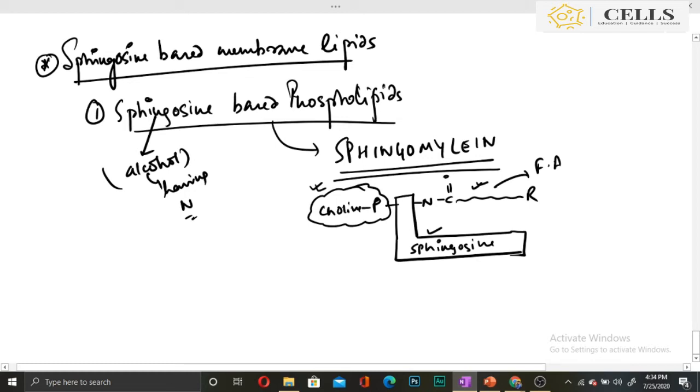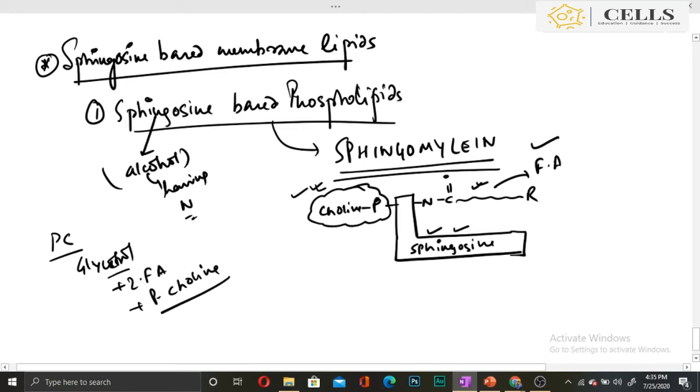What was present in phosphatidylcholine? There was a glycerol plus two fatty acids and a phosphocholine group. Here is a sphingosine, one fatty acid and a phosphocholine group.